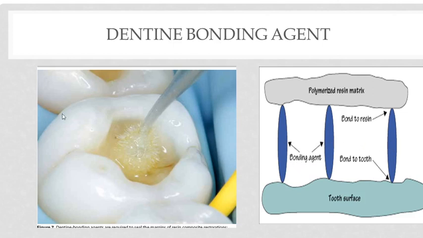It will bond to the tooth structure. The main importance of this dentine bonding agent is to bond to tooth structure and to bond to the polymerized resin matrix, to make better fitting of the restoration.